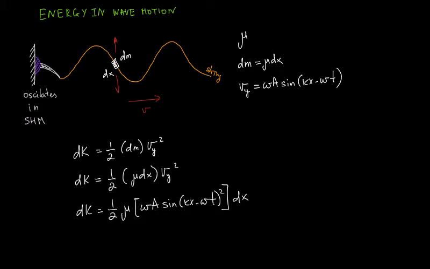If we take a snapshot of that wave at time equals 0, then dK would equal 1/2 mu omega squared A squared sine squared kx dx.